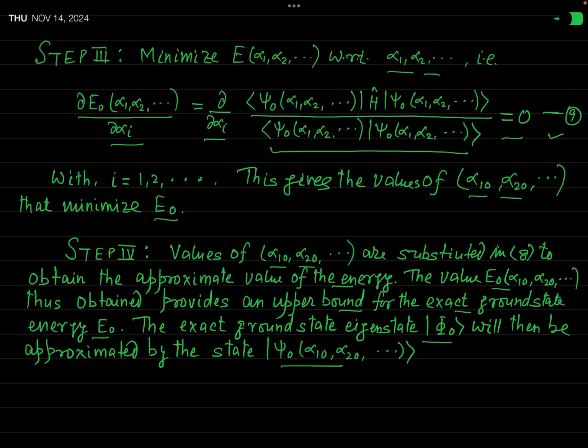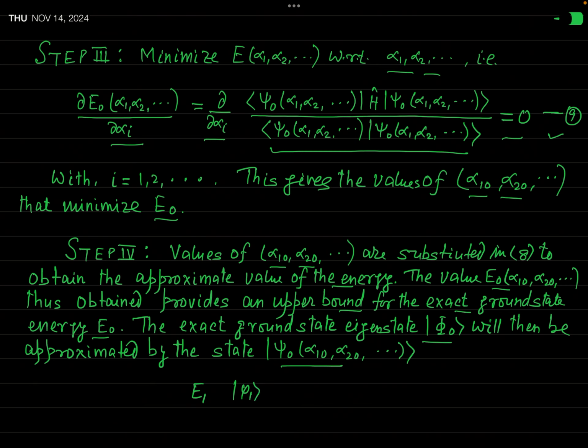But what about the energy of the excited states? In fact, the variational method can also be used to find approximate values for the energy of the first few excited states. For example, to find the energy and eigenstate of the first excited state, that will approximate E1, the energy of the first excited state, and ket phi 1.